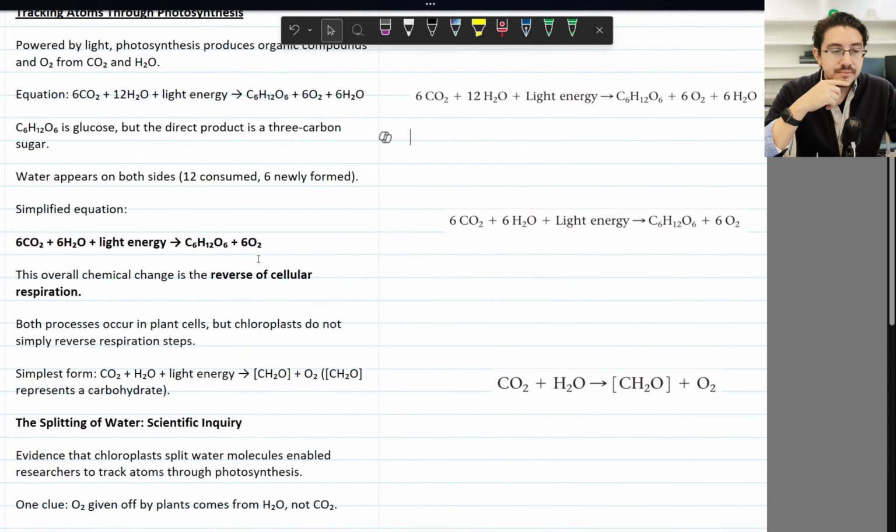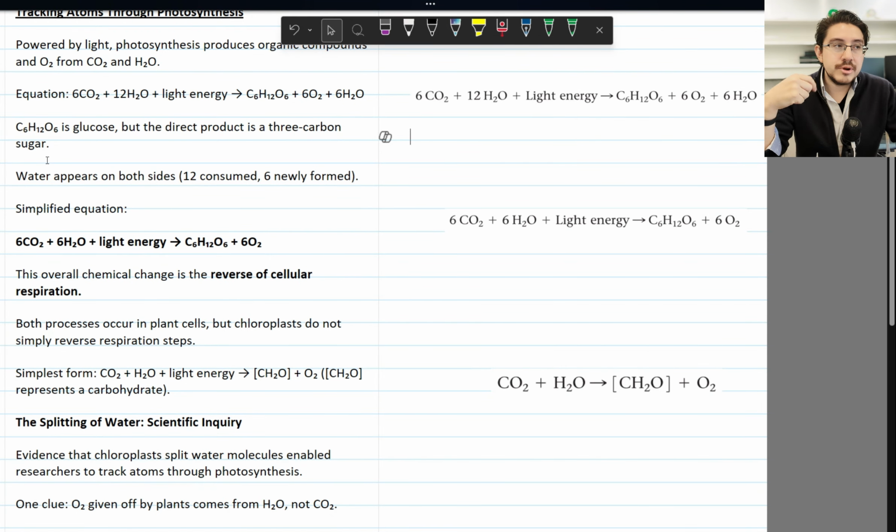In this series of reactions of photosynthesis, you don't directly produce a glucose molecule. You actually produce a 3-carbon sugar, which is G3P. We're going to see this later on. Water does appear on both sides. If you simplify the equation, you have 6 molecules of carbon dioxide and 6 of water, plus light energy, yielding 1 molecule of sugar and 6 molecules of oxygen.